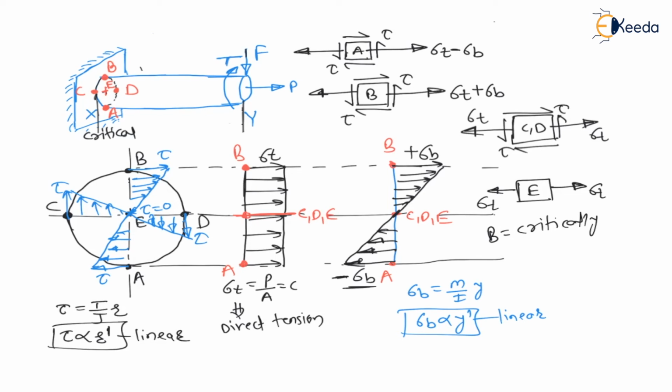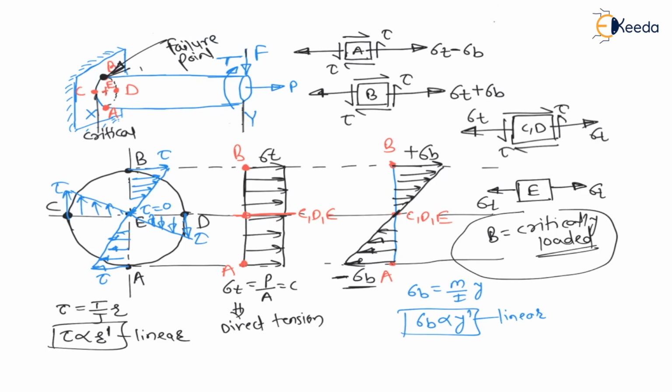Therefore, we can say that at the fixed end, that is at location X, point B is critically loaded, that is the upper point. Whenever failure starts, it will always start from point B because it is the critical point, the failure point.